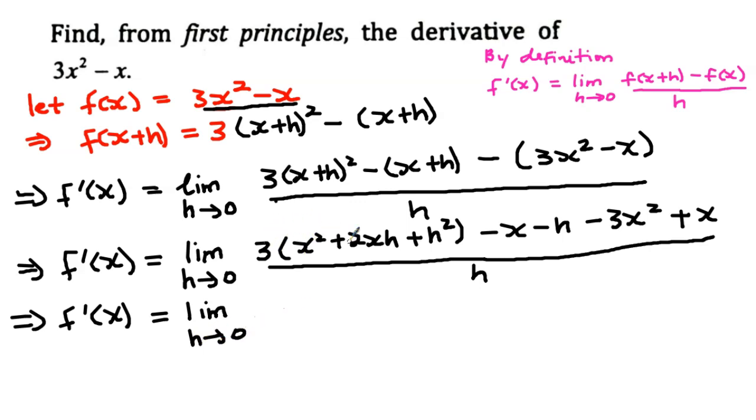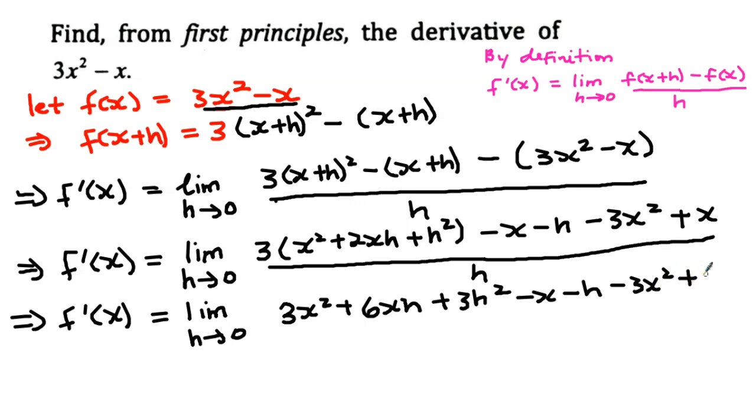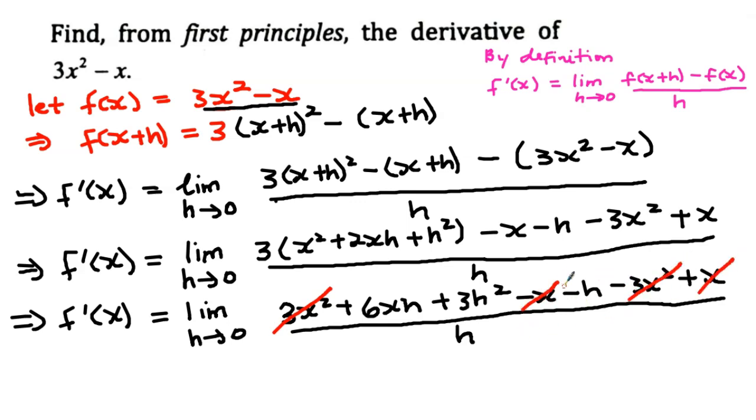We are distributing the 3 over the addition here, so we're going to get 3x squared plus 6xh plus 3h squared minus x minus h minus 3x squared plus x, all over h. We're about to eliminate some of them. This and this will turn into 0, this and that will turn into 0.